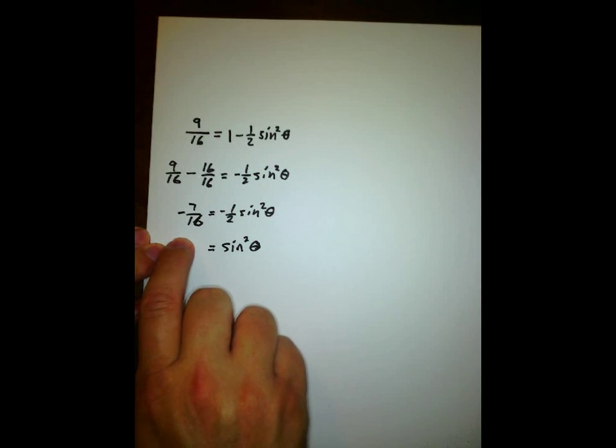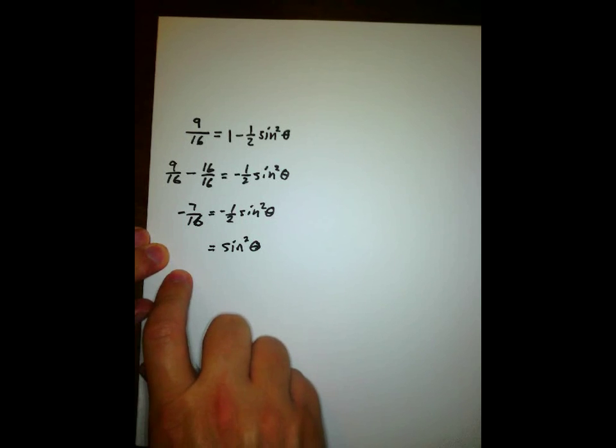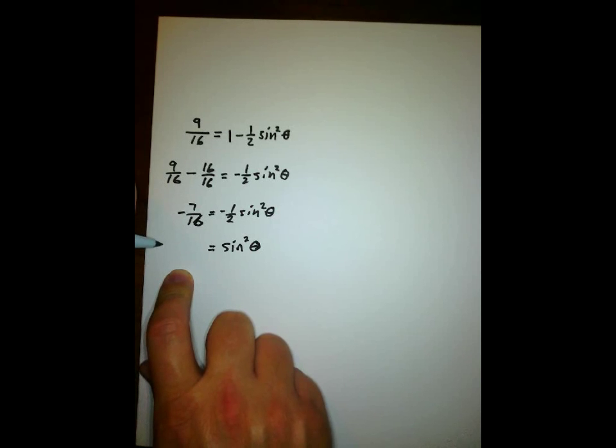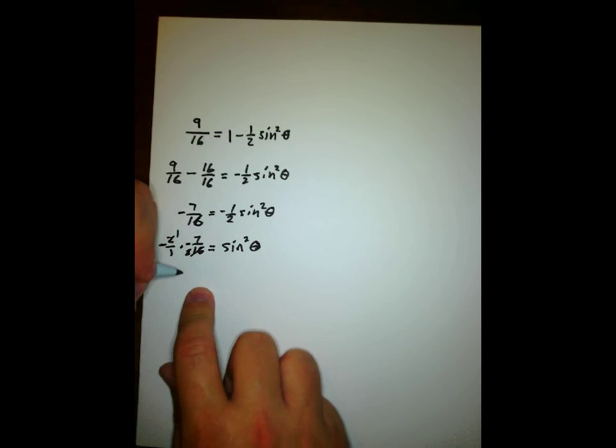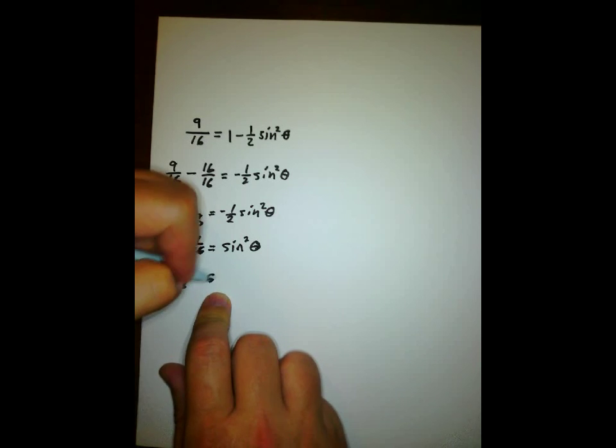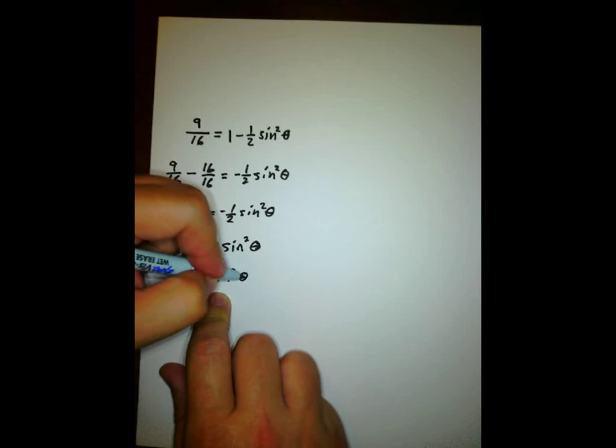And over here, I'm going to have negative 2 times 7 over 16. Negative 2 is the same as negative 2 over 1 times negative 7 over 16. 2 goes into 2 one time. 2 goes into 16 8 times. The negatives cancel. So I'm left with 7 over 8 equals sine squared theta.